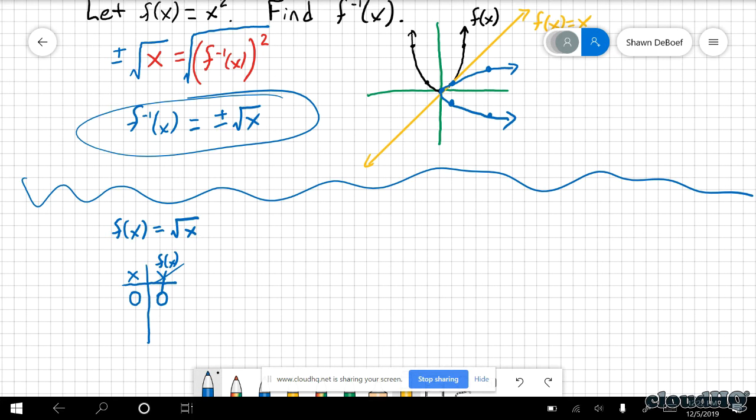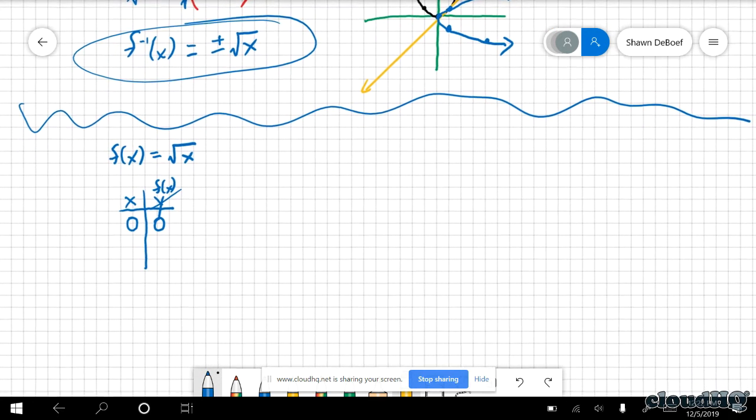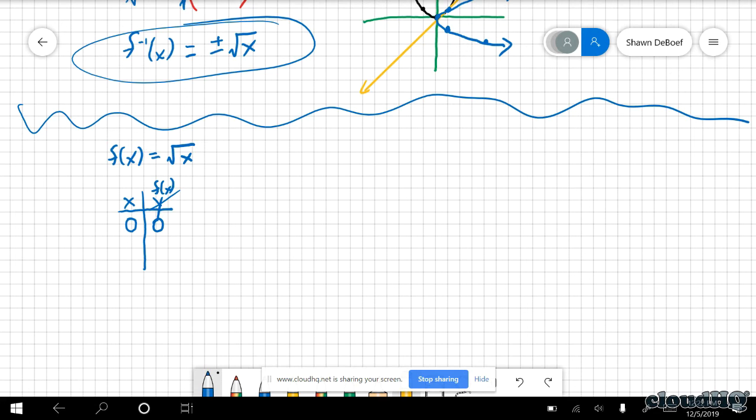Let's think about some other values that I can use. I want to be strategic, so I want to get ones that work out nicely when I plug them in. So the next one after 0 that works nicely is 1. What is the square root of 1? Good, so when I plug 1 in, I get 1. What's the next one? 4. 4 is a perfect square.